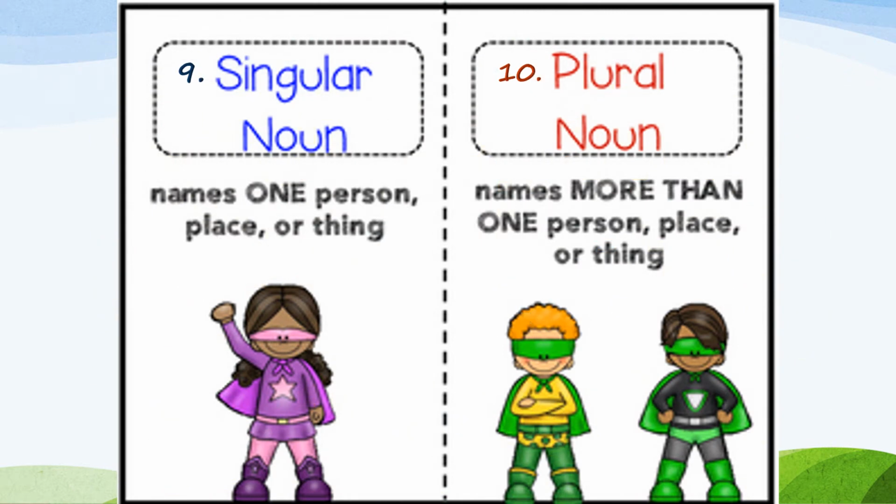Now we are going to find the last 2 types of nouns, which are singular noun and plural noun. A singular noun names just one person, just one place, one thing.